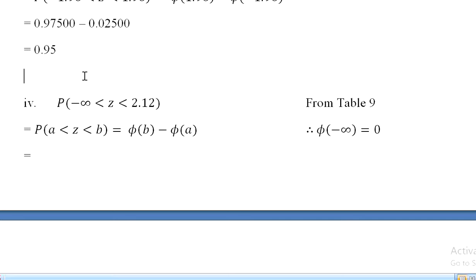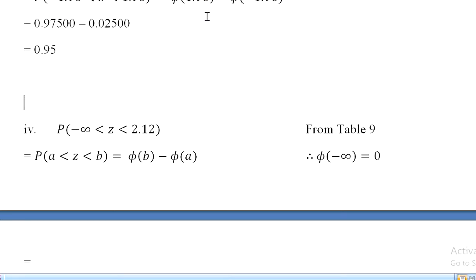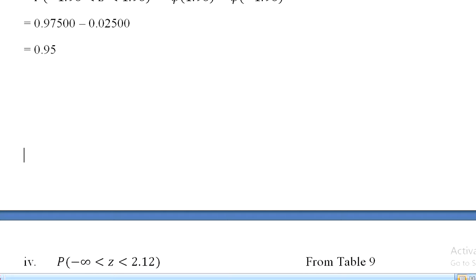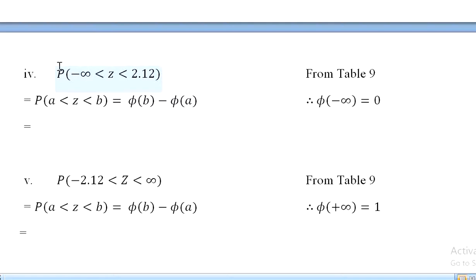Now in part 4, we want to find the probability of Z between, but you can see here that the lower limit is -5. For this, table number 9 will be used and the same theorem will be used again. Let's use it.